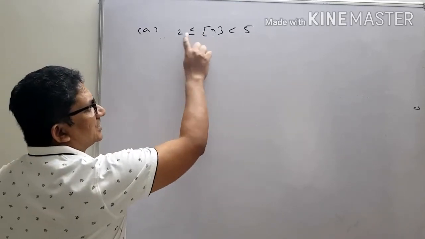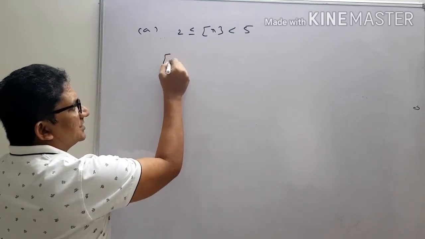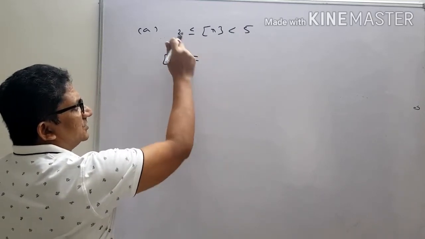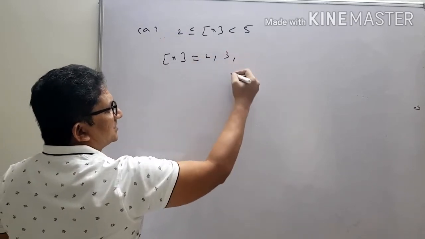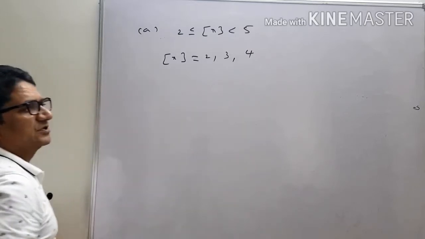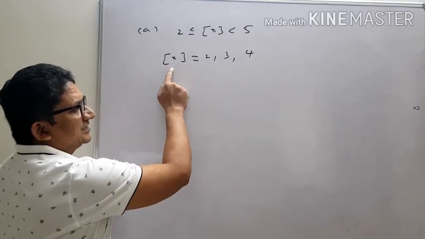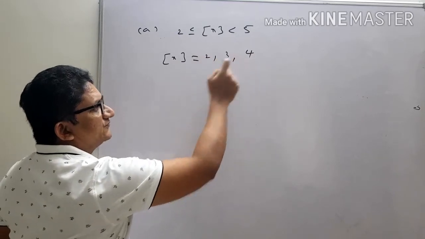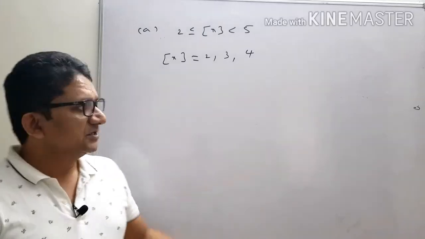If step of x lies between 2 and 5, what integers can it take? The possible integers are 2 also, because the equal symbol is there, next 3, next 4, up to here only. Now students, observe carefully. If step x equals 2, 3, 4, when is that possible?